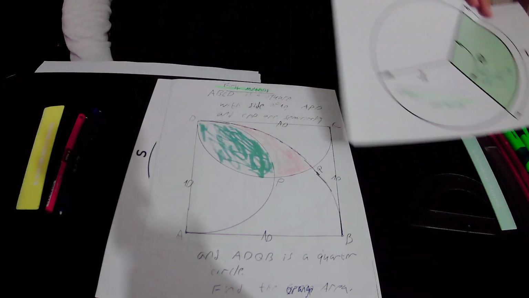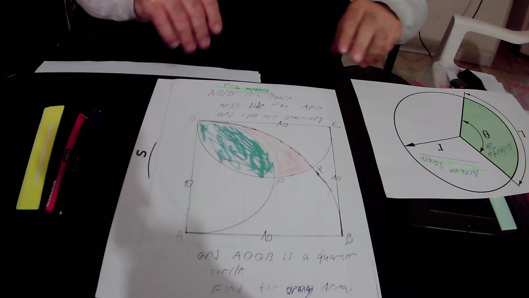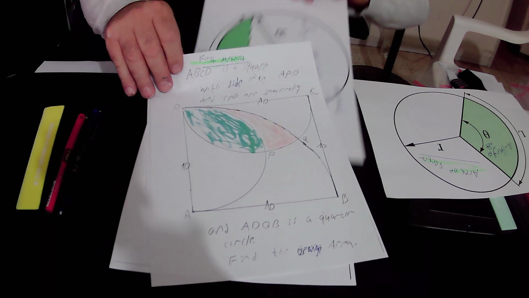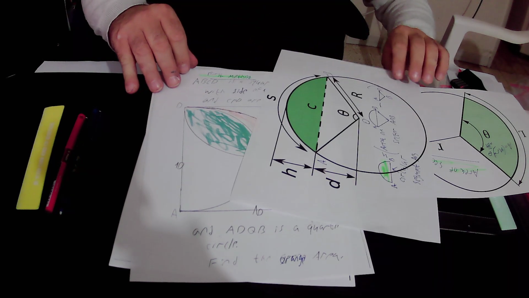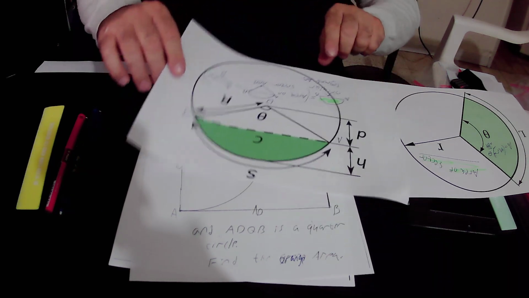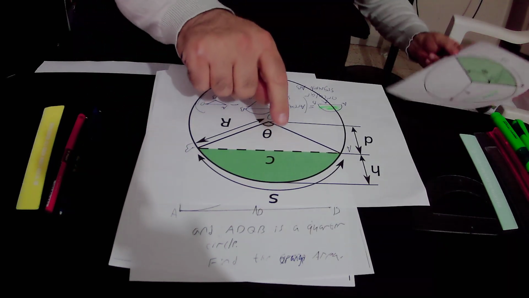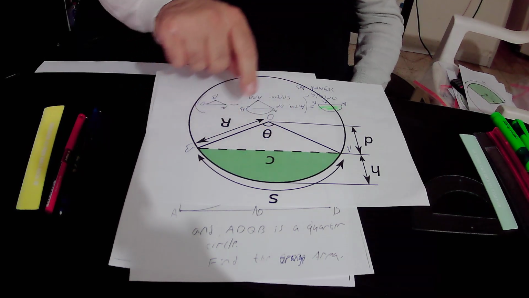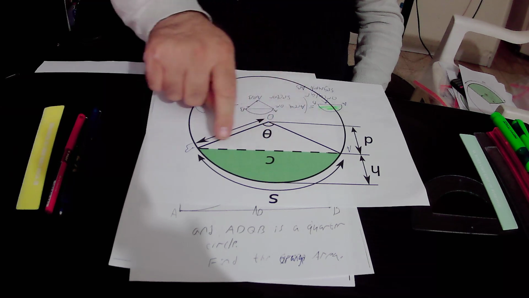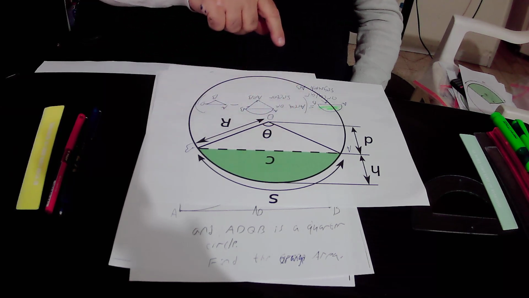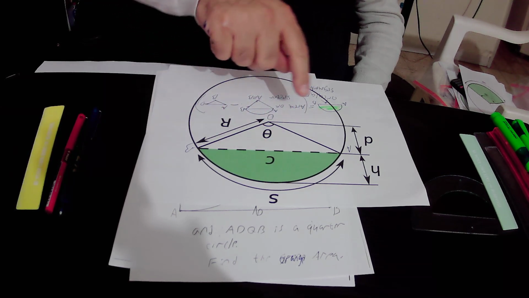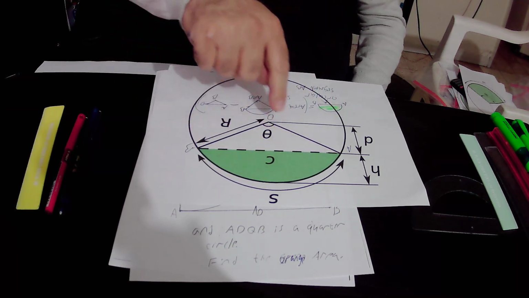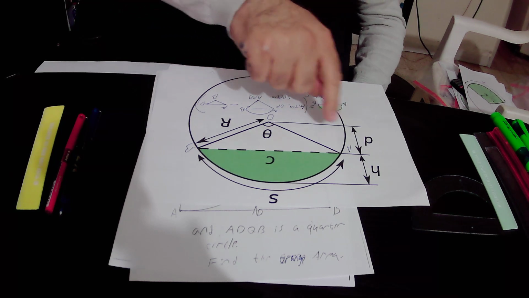Okay, and the next term that I want to explain is the area of a circular segment. The green shape is a circular segment, and its area will be equal to the area of sector AOB minus the area of triangle AOB.